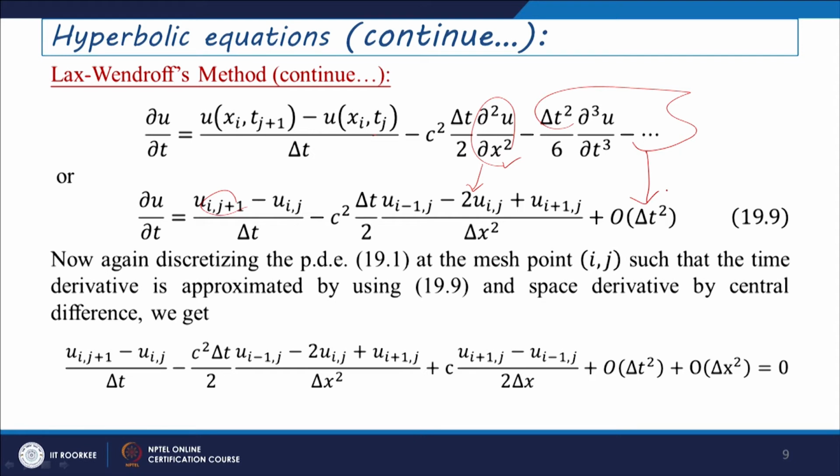Now, if we discretize this partial differential equation, we obtain this series expansion: u(i, j+1) minus u(i, j) by del t minus c square by 2 del t times u(i-1, j) minus 2 u(i, j) plus u(i+1, j) by del x square, plus c times u(i+1, j) minus u(i-1, j) by 2 del x, plus order of del t square plus order of del x square, equals 0.